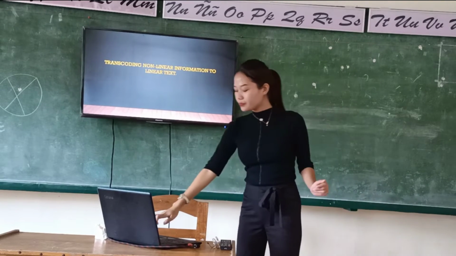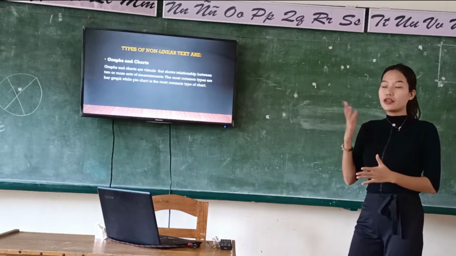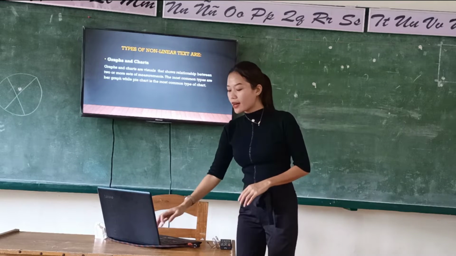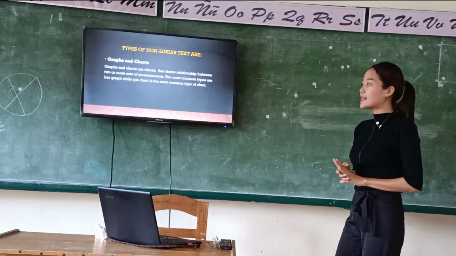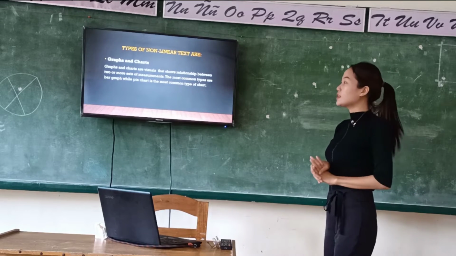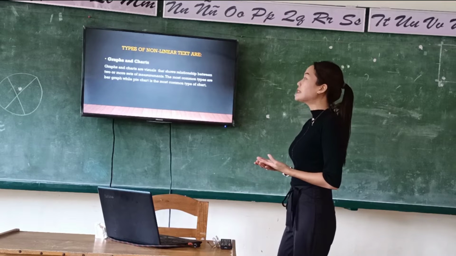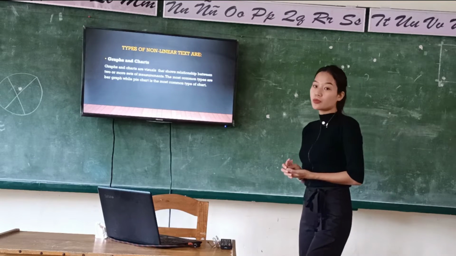We have types of nonlinear text, and these are graphs and charts. Can you read it, Mr. Malatag? Yes, very good. They are visuals that show relationships between two or more sets of measurements.